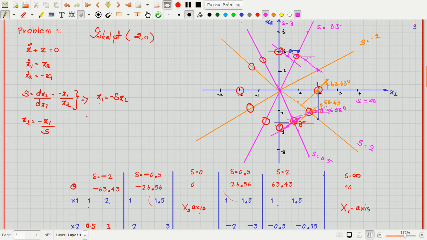So I have reached this point, and then the next line would be the slope of minus 2, that is minus 63.43 degrees. I have to move from this point at minus 63.43, something like this. So I should get somewhere midway between these 2 points. I have got all the points for my trajectory here.